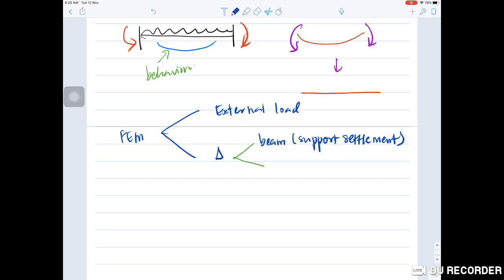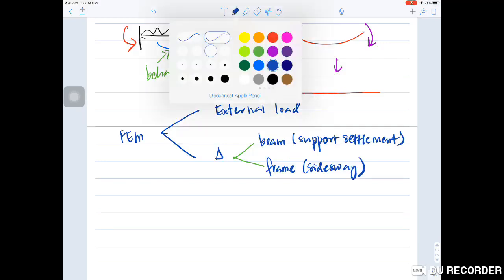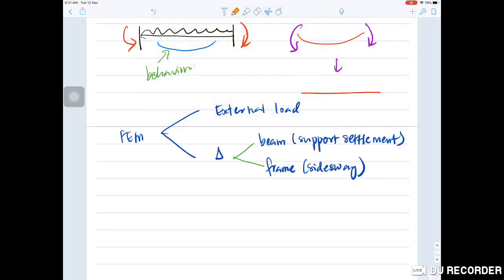And for frames, commonly it is due to side sway. This is the common one.